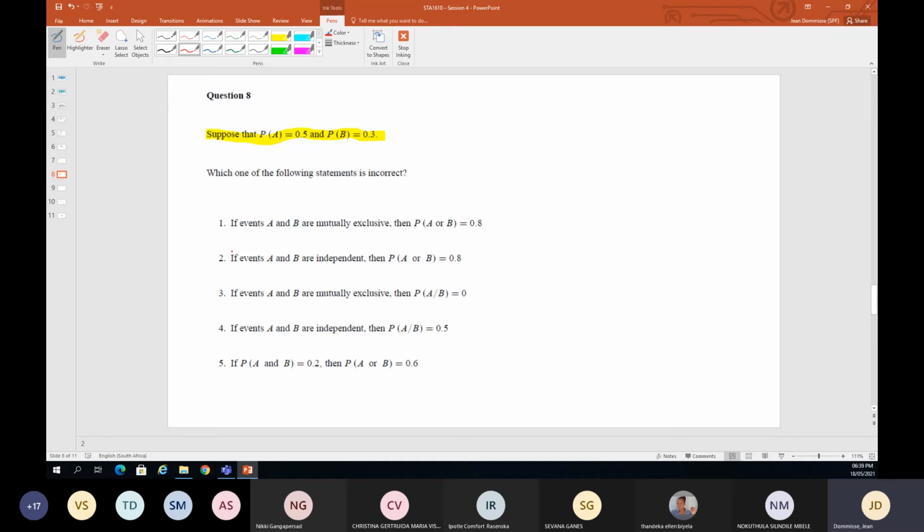So let's start at the top. If events A and B are mutually exclusive, then A or B is equal to 0.8.